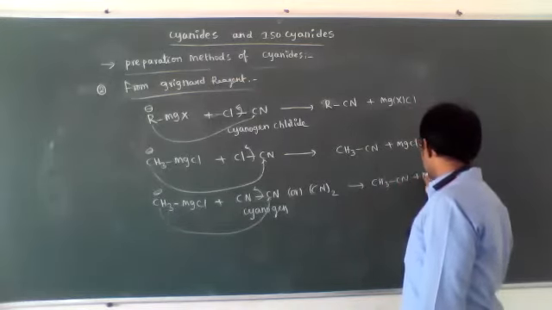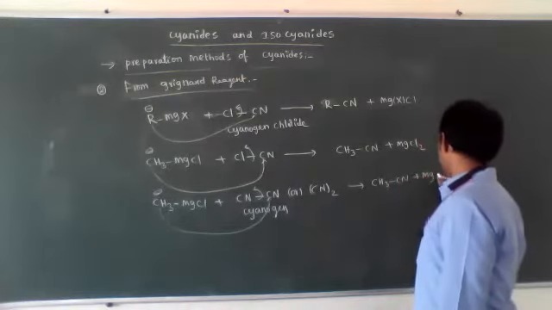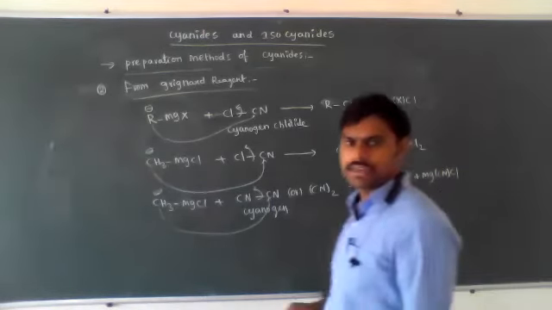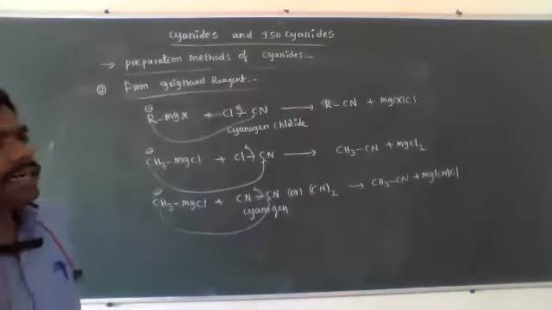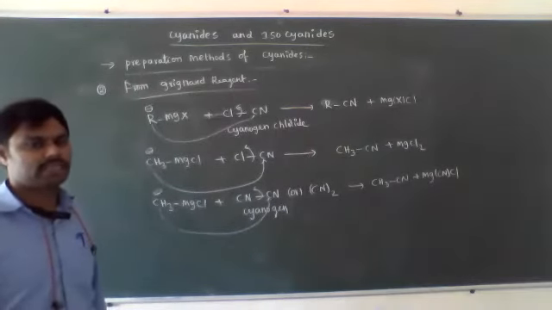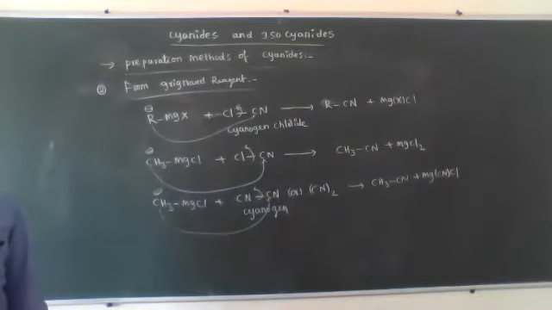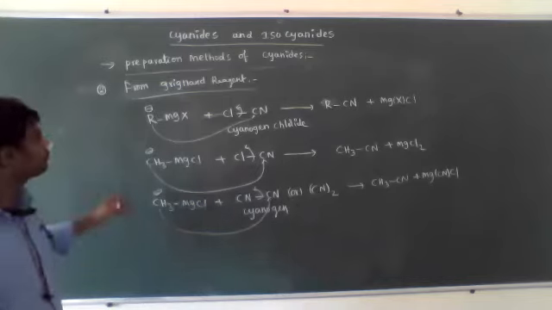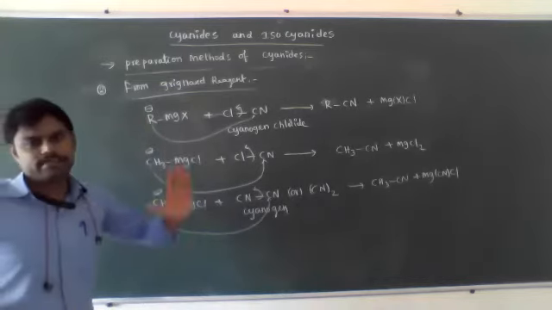The byproduct is MgCN. Okay, so this is the method for the preparation of cyanides by using Grignard reagent. Clear, students? So this is also very important.